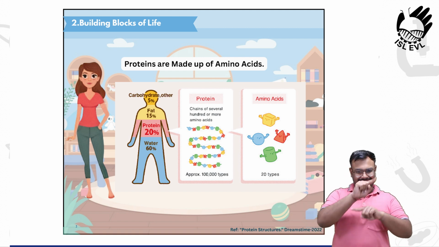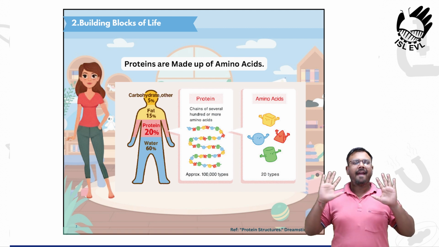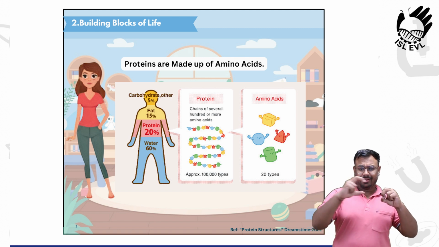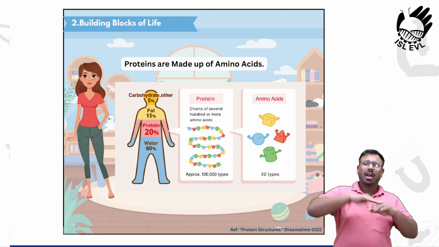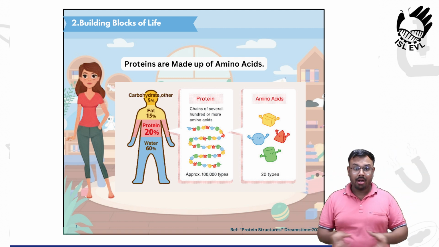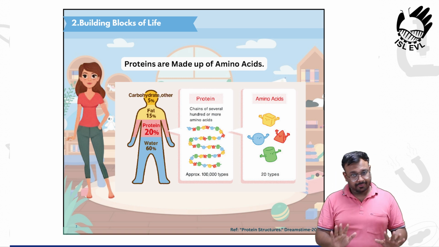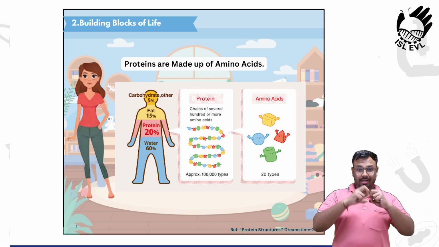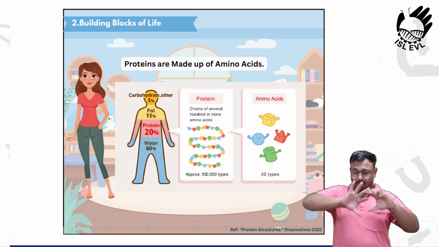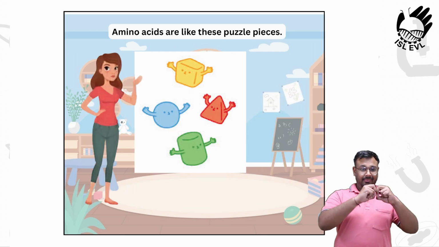It is made up of water, protein, and carbohydrate. Chains of several hundred or more amino acids. Approx 1 lakh types. Mainly we have 20 types of amino acid.